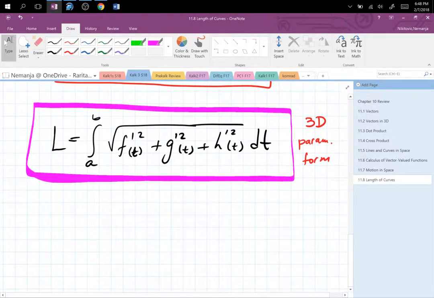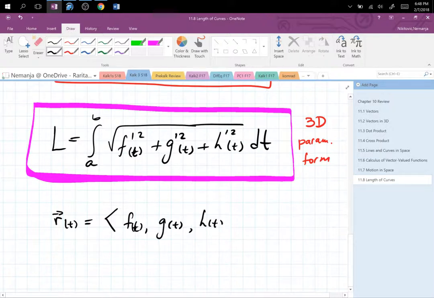Now to connect this to what we learned before, we know that vector r, our vector valued function of t, was f of t, g of t, and h of t.